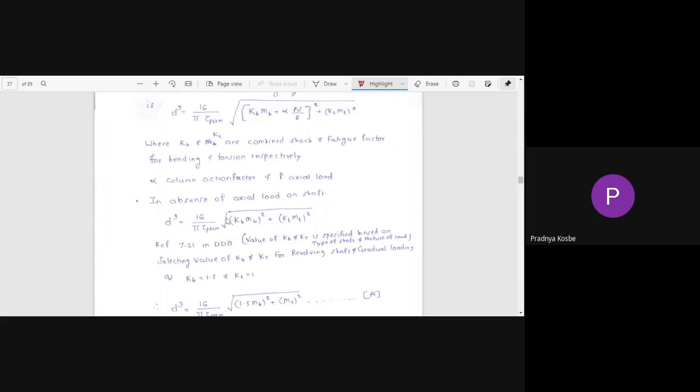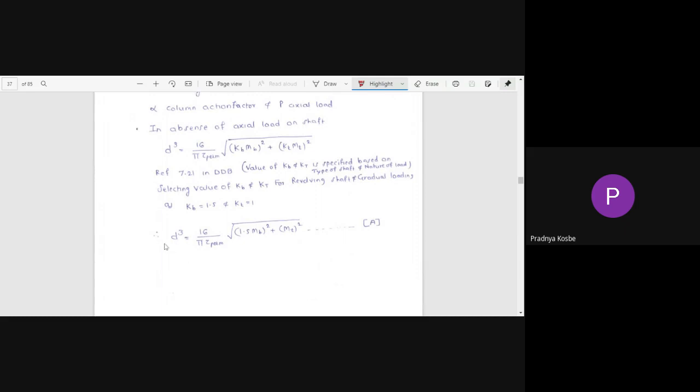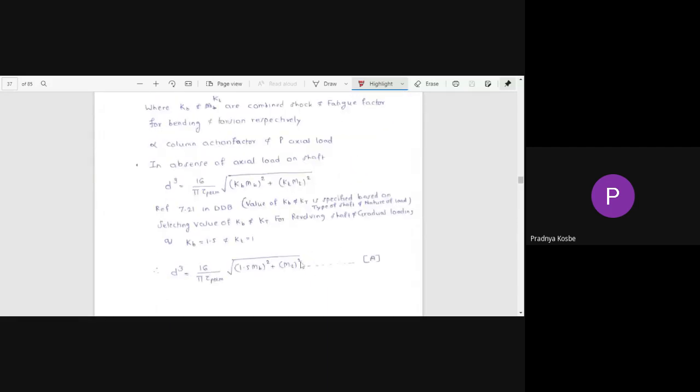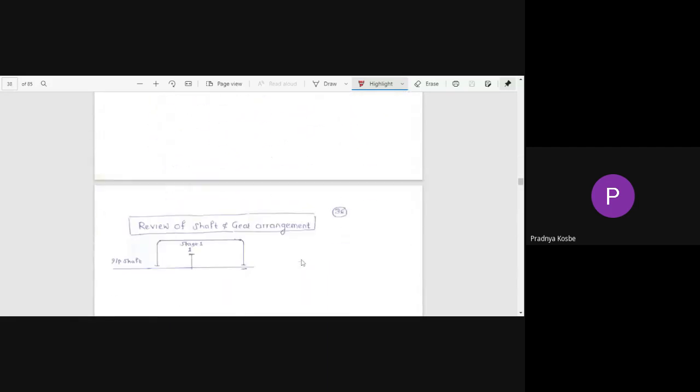So we will select kb and kt for a revolving shaft and for gradual loading. So kb is equal to 1.5 and kt is equal to 1. So according to that, d cube is equal to 16 divided by pi tau permissible under square root 1.5 mb square plus mt square. Correct? And now you can find out the diameter of the shaft.